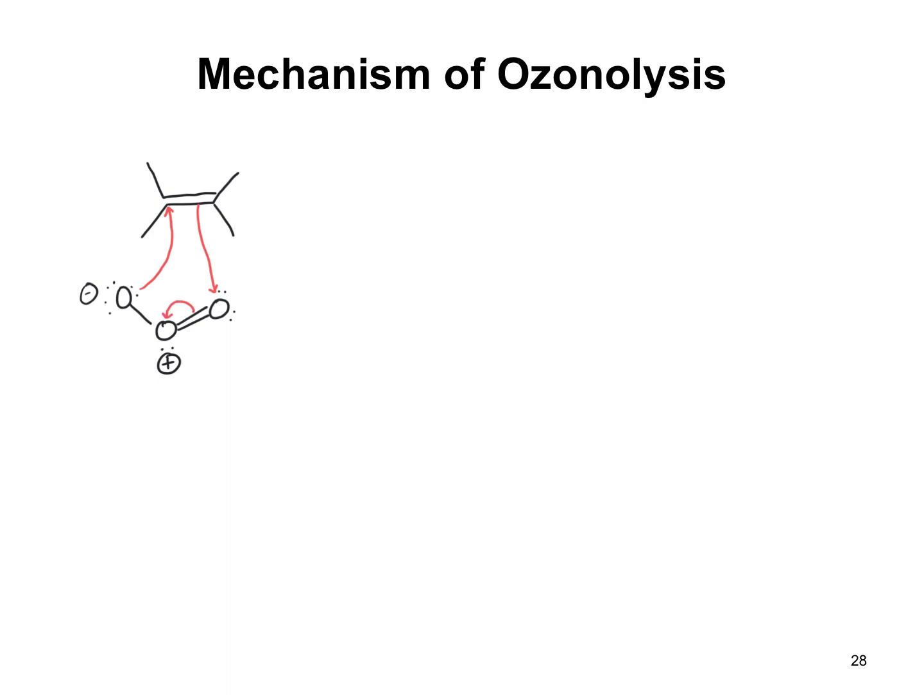And so if we follow all of our arrows, you end up with a five-membered ring with 3 oxygen atoms. Right, like that.